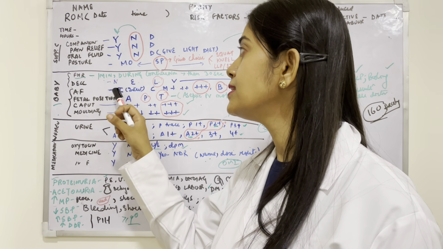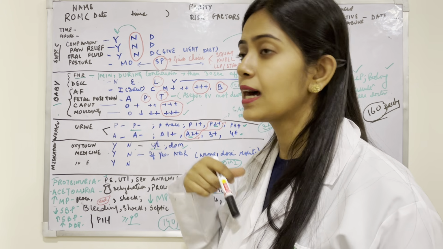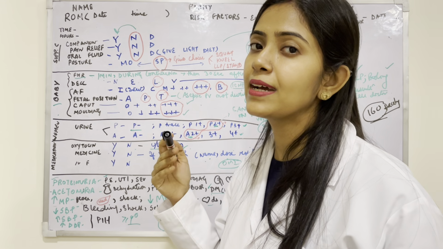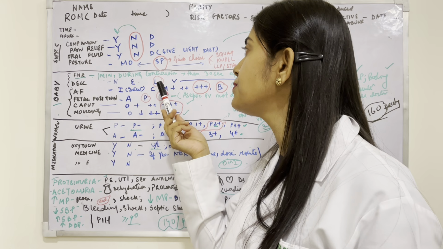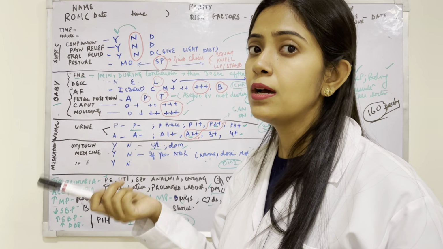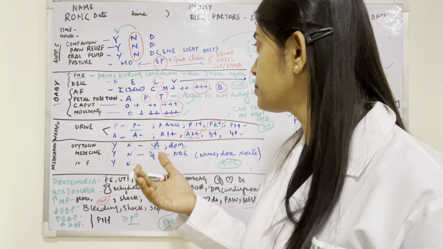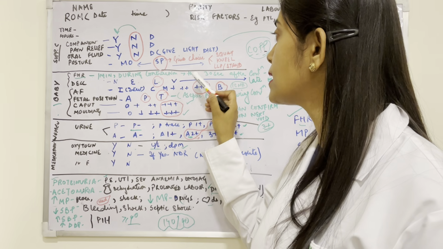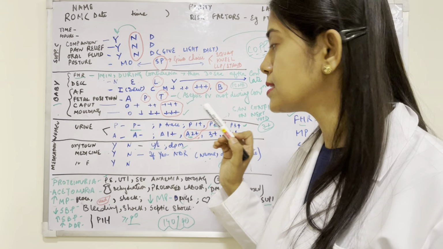If the membrane is intact, we write an I for it. If it is ruptured and the liquor is clear, we write C. If there is meconium, we write M. M can either be light, moderate, or there can be thick meconium. So 3+ is thick meconium. This is an alert finding, so it is circled.